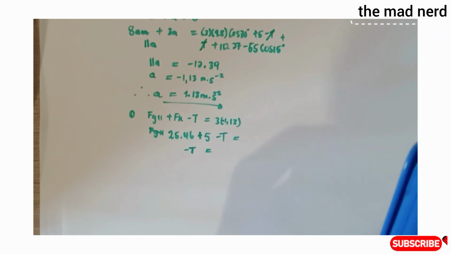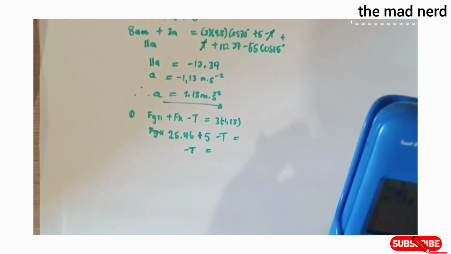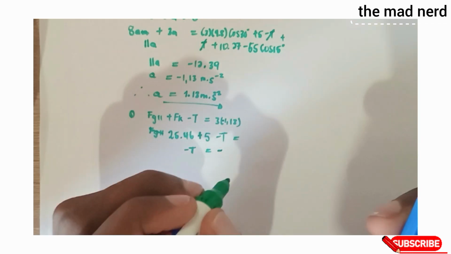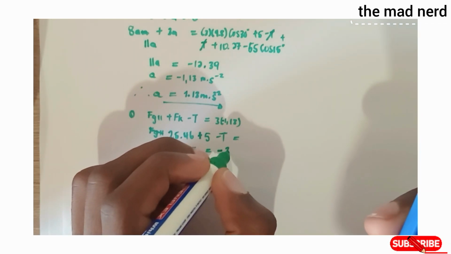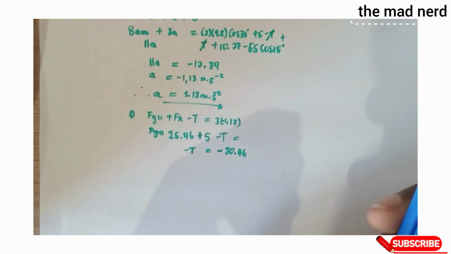So 25.46 plus 5 gives us 30.46, and negative T equals that.